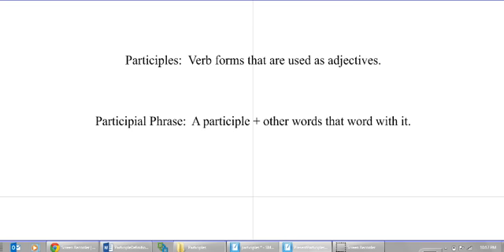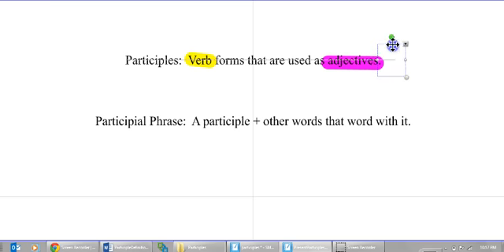So, what's a participle? A participle is a form of a verb. So, it's essentially a verb. And this is how people get confused because they go, well, wait a minute, that's a verb. Yes, it is a verb, but participles are verbs used as adjectives. So, in the sentence, it's going to be doing the work of an adjective, which you know is to describe a noun.